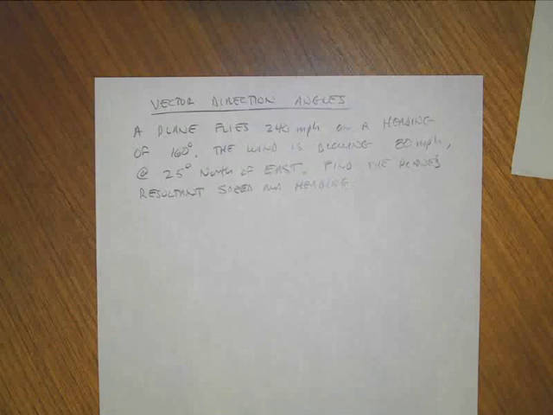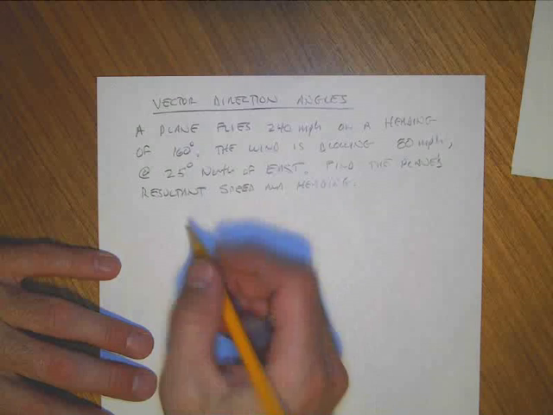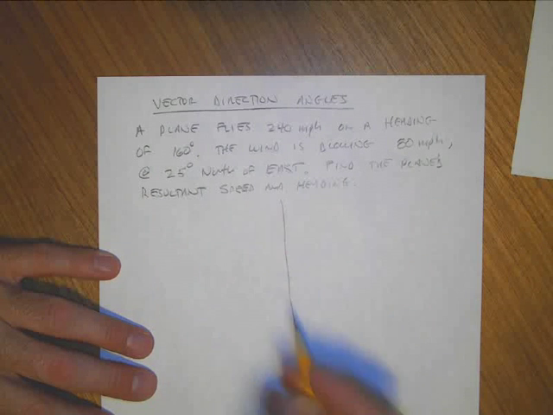All right, we are going to tackle this problem by breaking the airplane vector and the wind vector into components, adding those components together, and then using those to find the new, or the combined, speed and direction. So let's do two different things.